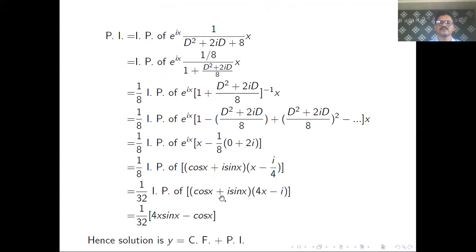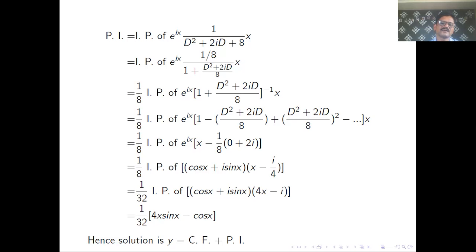Only in this product you have to consider the real terms, meaning the terms not containing i. It gives the required value of the particular integral, that is 4x into cos x plus sin x. These two terms do not contain i in the product of these two brackets, and that part you will get as the real part if, instead of sine, a cosine function is there in capital X.